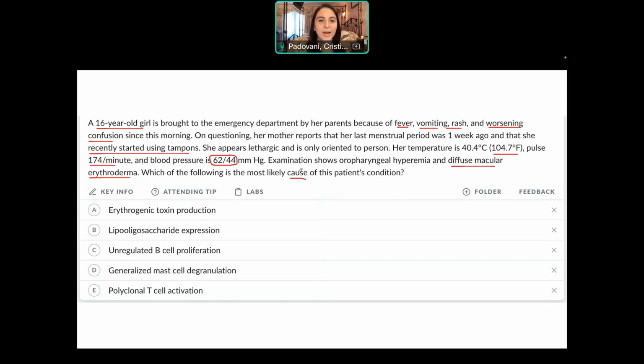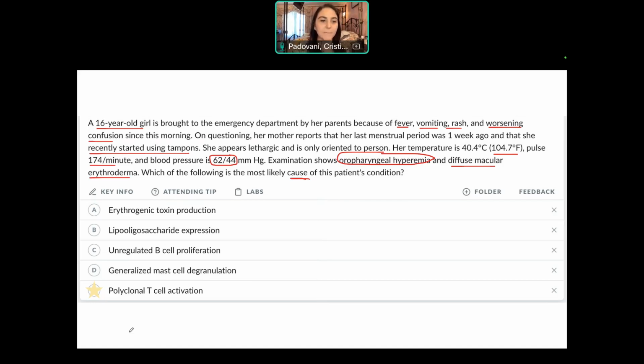So what's the cause of that? How does toxic shock syndrome toxin work? Out of these answer choices, remember you get the polyclonal T cell activation. I think this question is from AMBOSS, and with the oropharyngeal hyperemia, they're suggesting maybe this is the SPEA or SPEC from group A strep superantigen. But given everything else in the vignette, this is toxic shock syndrome from a tampon.